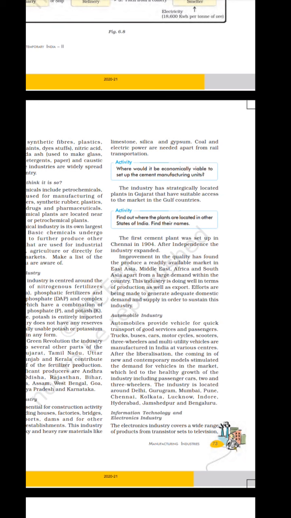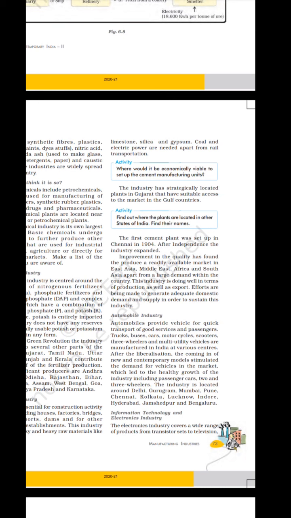Automobile industry. Automobiles provide vehicles for quick transport of goods, services, and passengers. Trucks, buses, cars, motorcycles, scooters, three wheelers, and multi utility vehicles are manufactured in India at various centers.